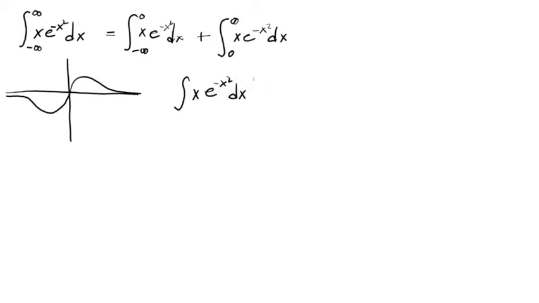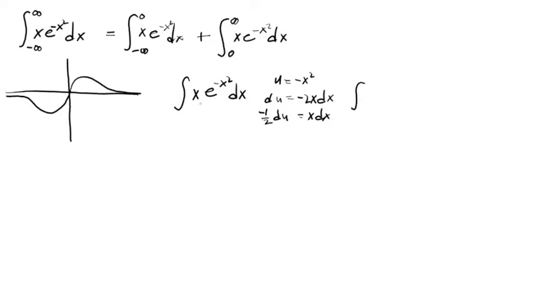So I have negative x squared in there, so I'm going to go u equals negative x squared, du equals negative 2x dx. So negative 1/2 du equals x dx. Alright, so this is now the antiderivative of x dx.